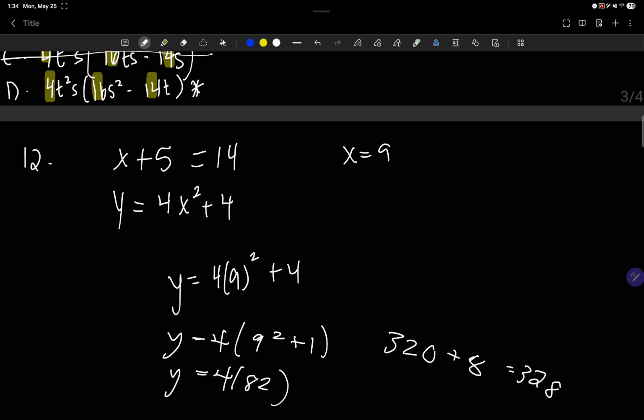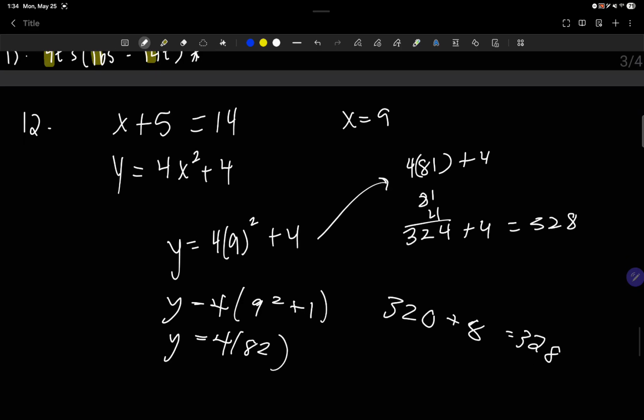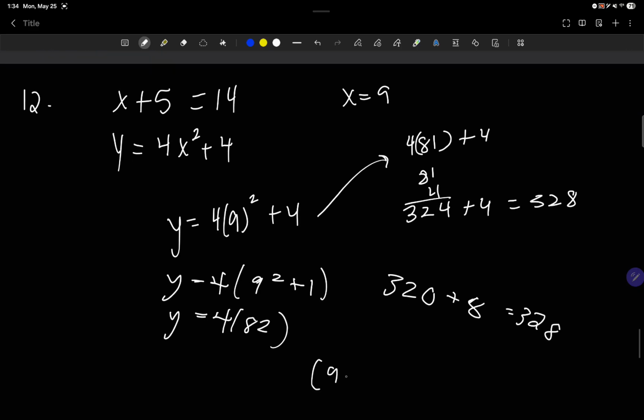See, I would have continued with this one and done 4 times 81 plus 4, and did 81 times 4, so 324 plus 4 is 328. Woohoo! Well, we need our final answer as an ordered pair: 9 and 328. Perfect. And that is answer choice B.